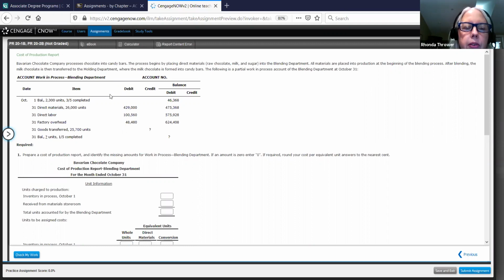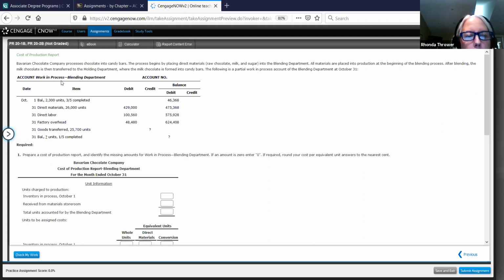So this is the end of October, and all of this information we've already recorded in our ledger account for the work in process account. They have left off some of the information for you, but technically in the real world, you'd be given all this information and then you prepare your cost of production report. They just want you to do some thinking on this particular problem.